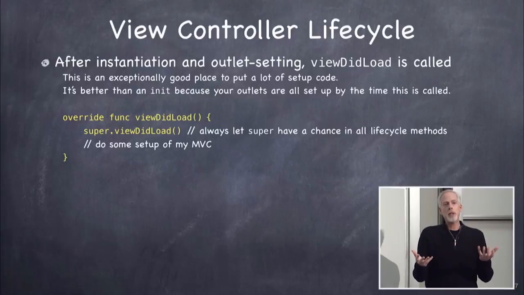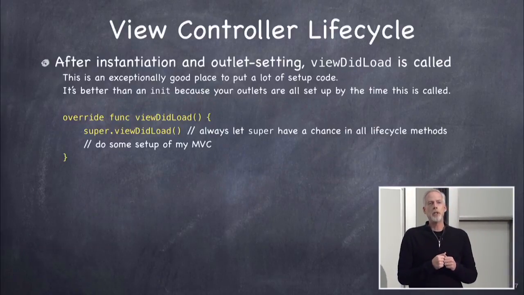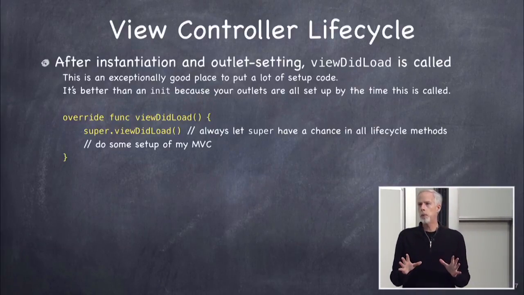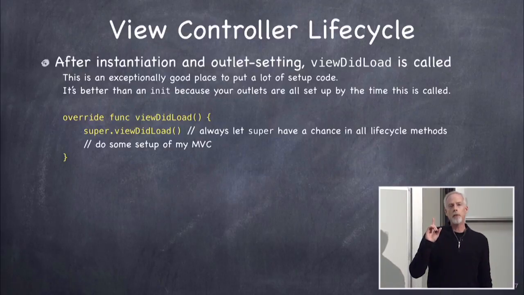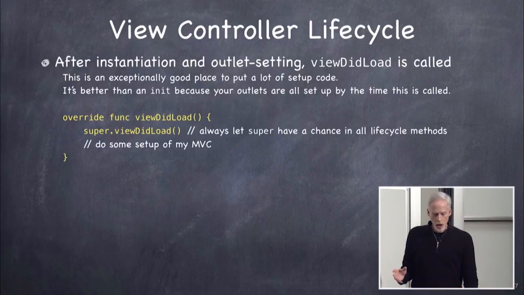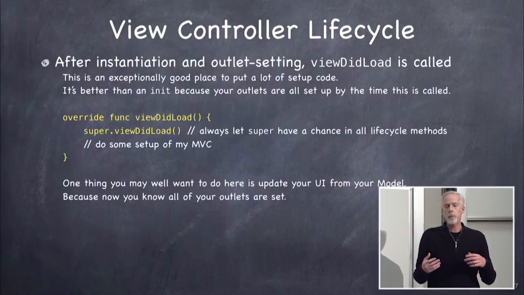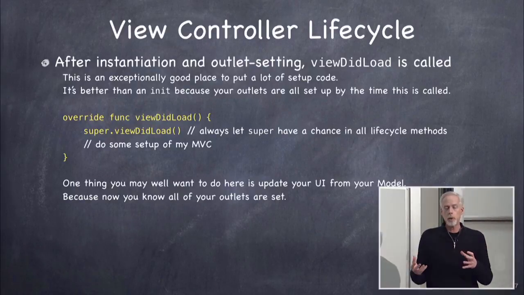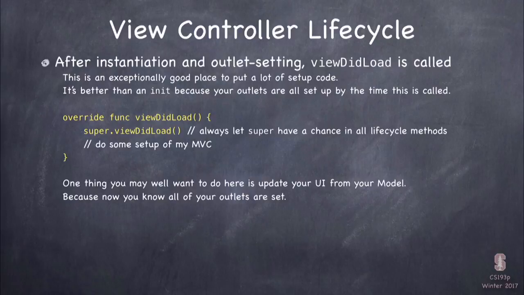So after those two steps are done, you're going to get this message, viewDidLoad. Super important method. You're only going to ever receive it once in the lifetime of a view controller. And it's really where you're going to put almost all of your initialization. For example, a lot of times, here's where you'll call your update UI method, the thing that updates your UI from your model.